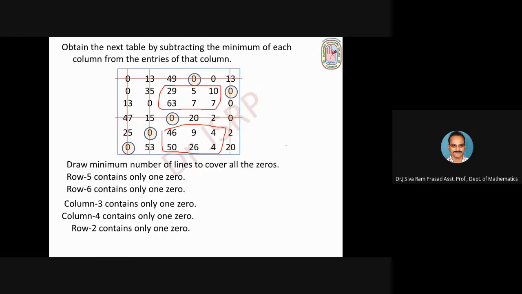Now verify the optimality condition. How many lines have we drawn? 5 lines: 2 horizontal lines and 3 vertical lines. The number of rows is 6, so the number of lines drawn is not equal to the number of rows.